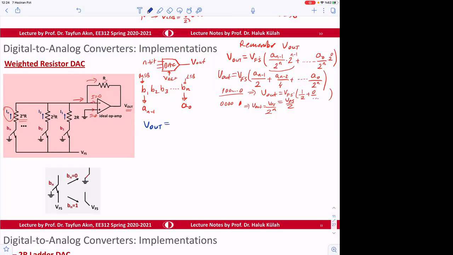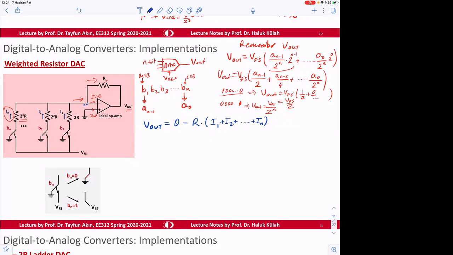Vout voltage is going to be equal to 0 minus, because this voltage is 0, 0 minus R times (I1 plus I2 plus IN). All the currents coming from those bits are going to be added up.